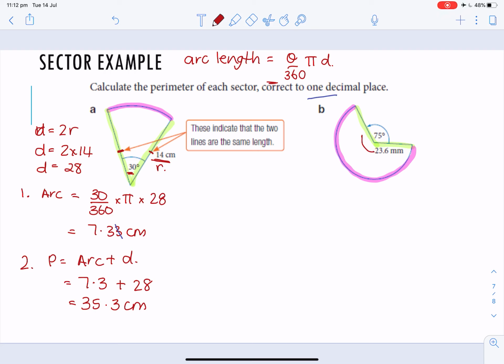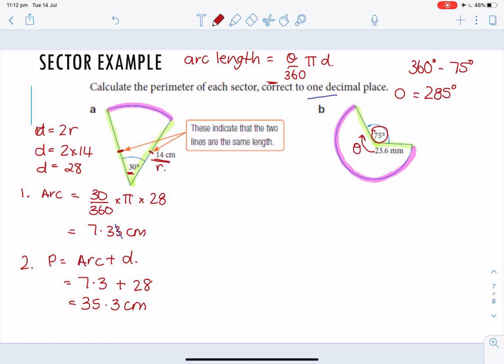I can, however, calculate theta. Going back to our circle is 360 degrees, and outside our circle, it's 75 degrees. So I'm going to subtract 75 degrees. It should give me 285 degrees. Let's just double check that. 360, subtracting 75, 285 degrees. So my theta value is equal to 285 degrees.